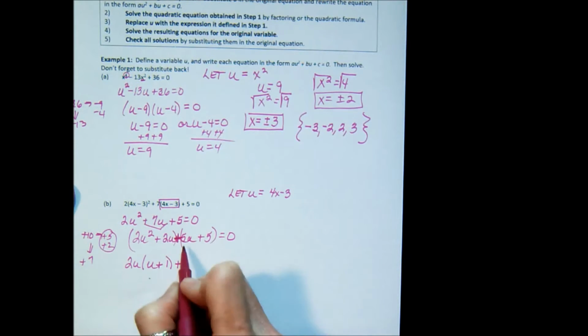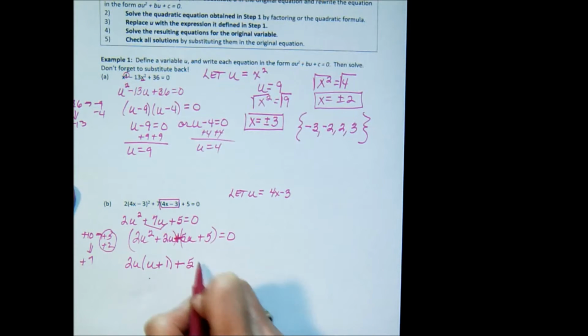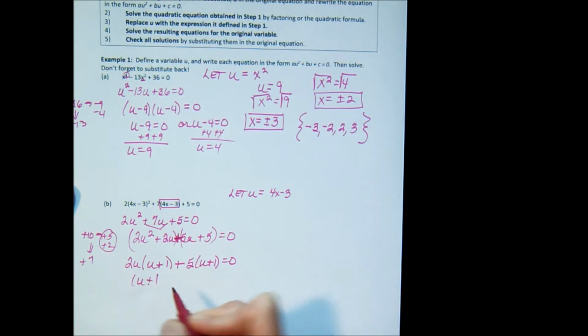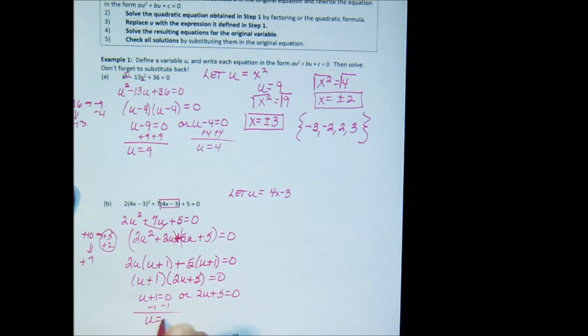Bring down my plus. The GCF of the second binomial is 5, and I'm left with u plus 1. So my first factor is u plus 1, and my second factor is 2u plus 5. Using the zero factor property, I say either u plus 1 equals 0 or 2u plus 5 equals 0. Solving, I get u is negative 1, or here I'm going to subtract a 5 and divide by 2, and I get u equals negative 5 halves.